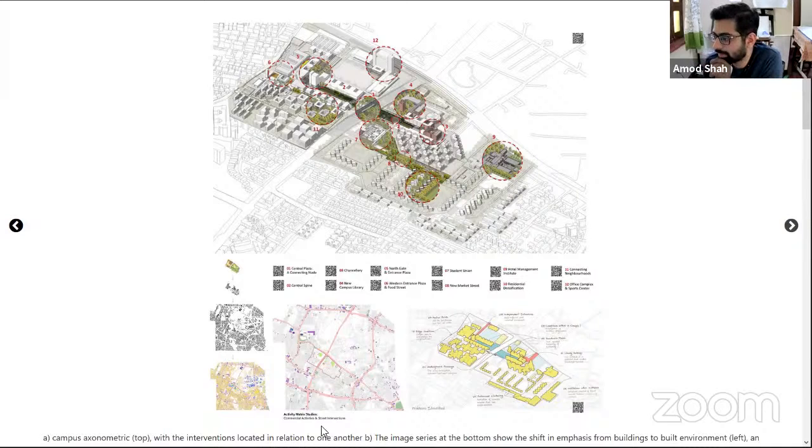This campus in specific is situated closer to the center of Ahmedabad right now, but when it was built, it was outside the city. So when we look at this context, the campus is split into two halves by a ring road. So there's a huge traffic corridor happening between the two campuses.